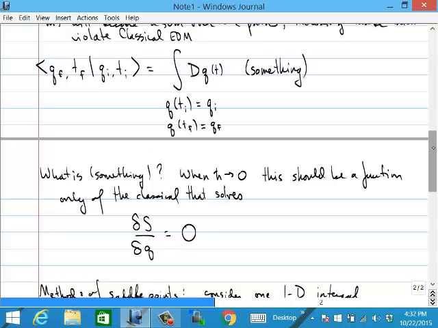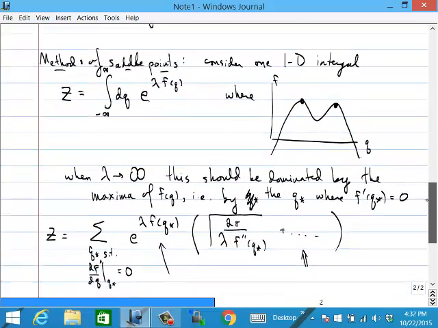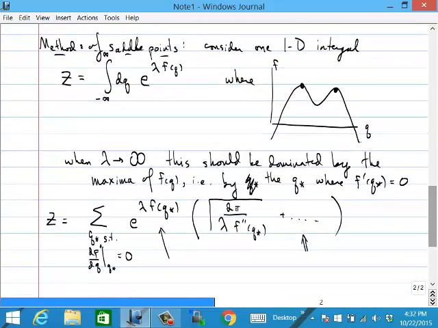And you should compare that to what we just learned about the method of saddle points, where an integral dq of e to the something times f is going to be dominated only by those points where df by dq is equal to 0.